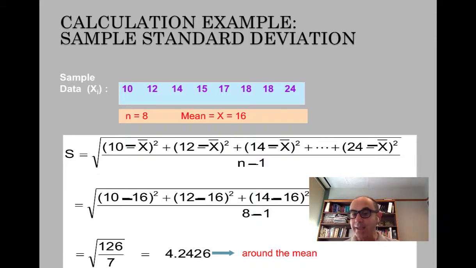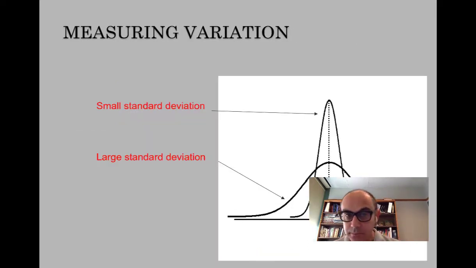Why 8? 8 is the number of observations, minus 1, and we come up with 127 divided by 7. If we do not square root that, that will be the variance. If we square root it, it gives us the standard deviation. So the standard deviation in this case is 4.24, and it is around the mean.